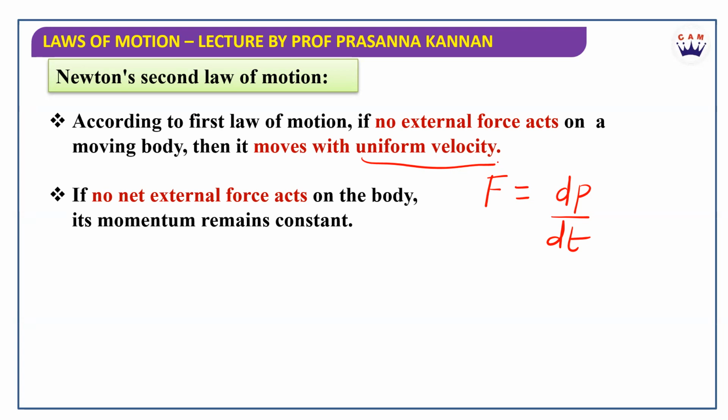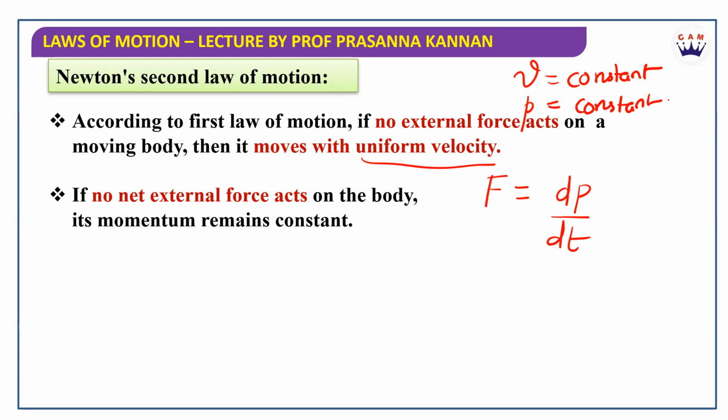Now, when I say uniform velocity, velocity is constant. If velocity is constant, momentum is constant.